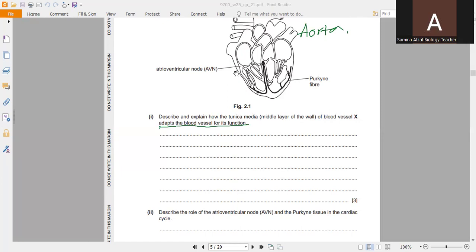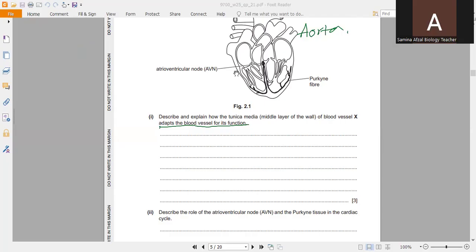One of them is that the tunica media of the aorta is notably thick and contains a high proportion of elastic fibers and smooth muscles. Elastic fibers allow the wall to stretch significantly when the left ventricle contracts and pushes a surge of high pressure blood into the vessel.